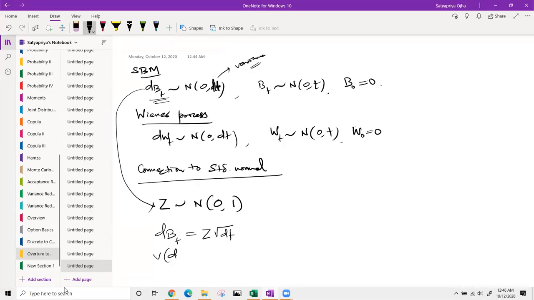So the variance of dB would be dt; square root of dt is a scalar. Whenever you calculate the variance of something, you take the square of the scalar, so it becomes dt times variance of Z, dt times 1, which is dt, which is what we want.